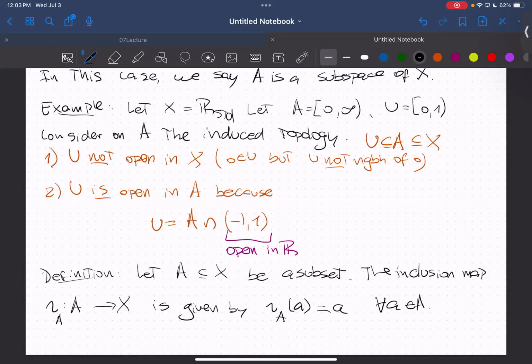The identity of X, for example: A is not X. So these two things are not the same, so this cannot be the identity, but the rule that you are using is the identity.